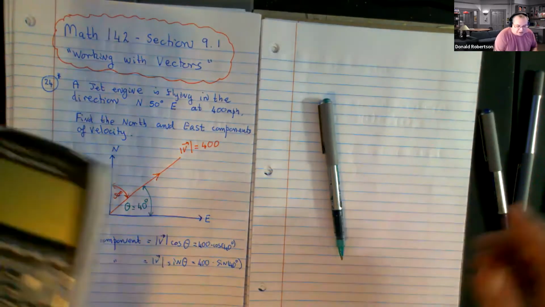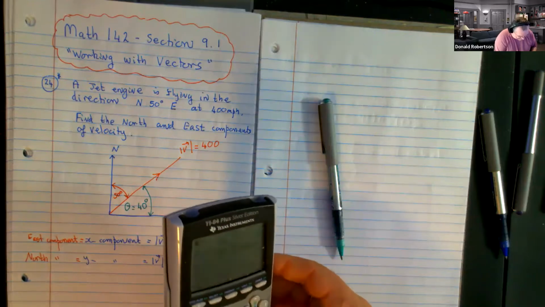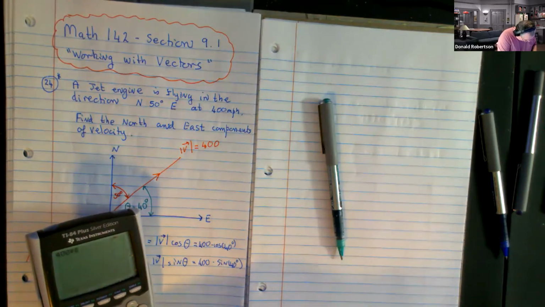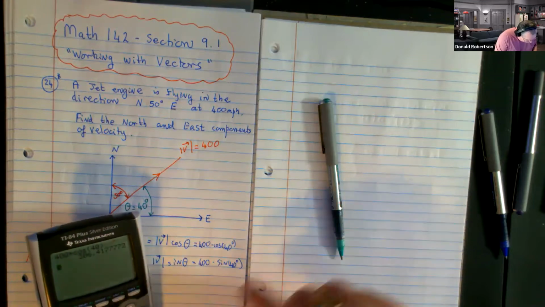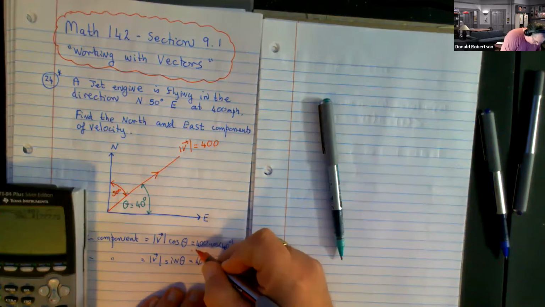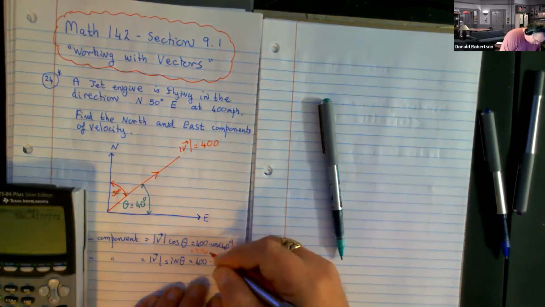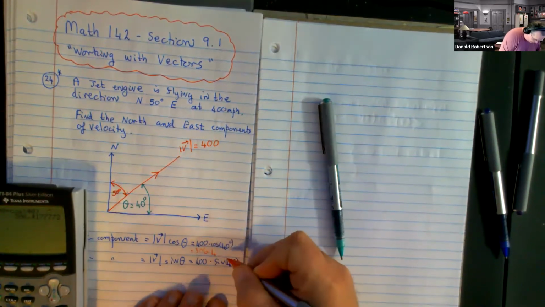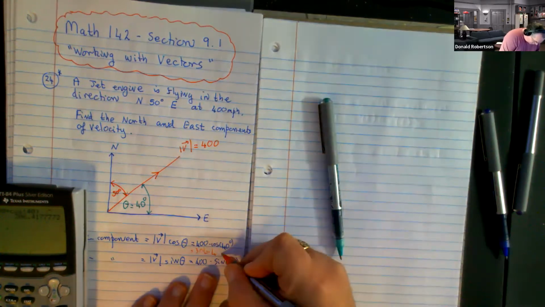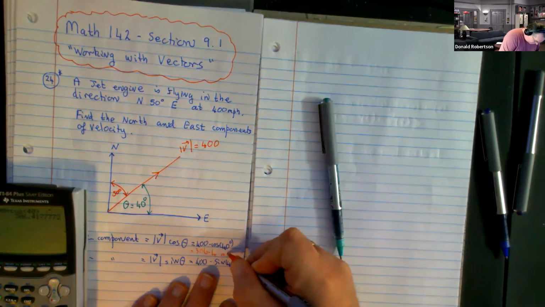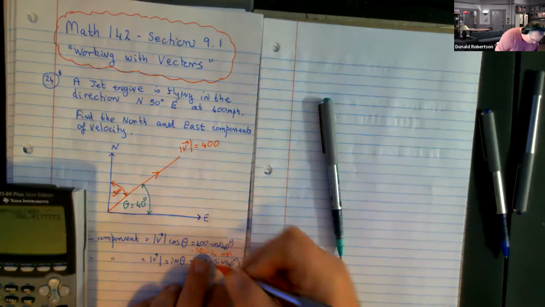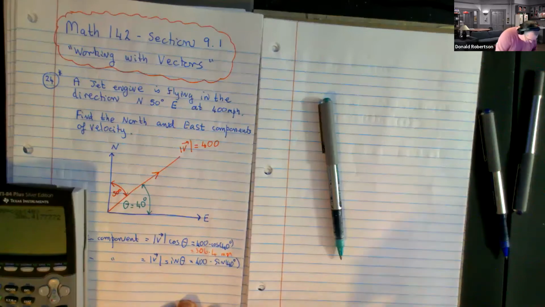And then you just get your calculator, and that guy is going to be 400 times the cosine of 40 degrees. So that's about 306.4 miles per hour. So it's basically flying at about 300 and change miles per hour east every hour.